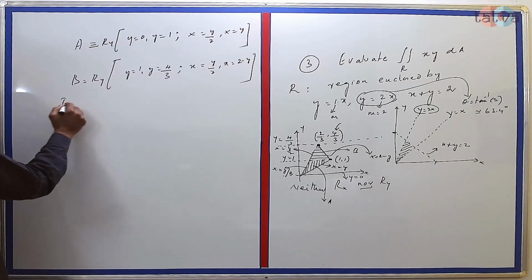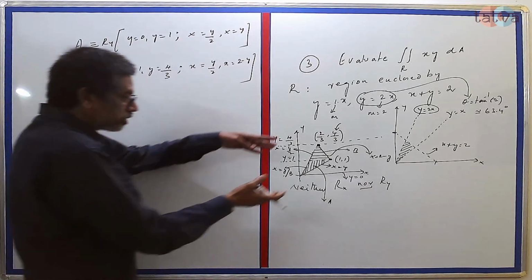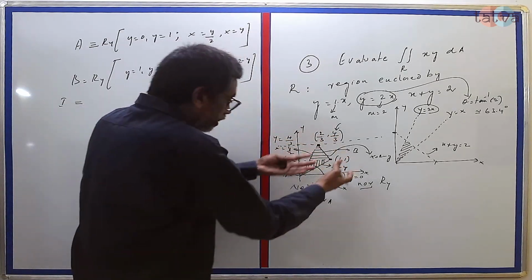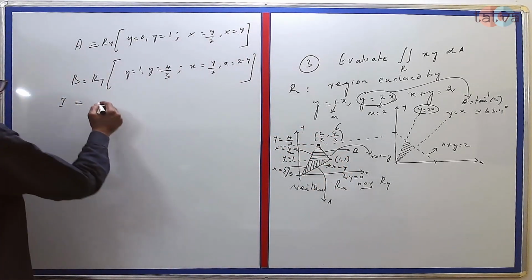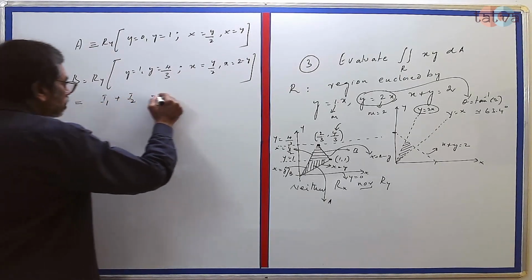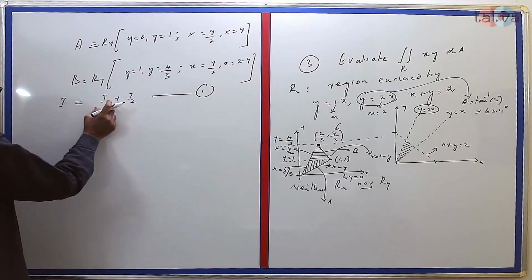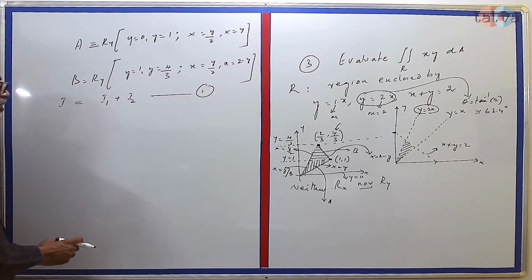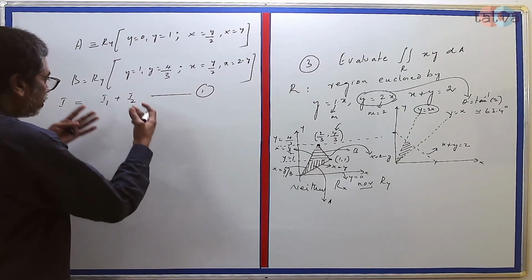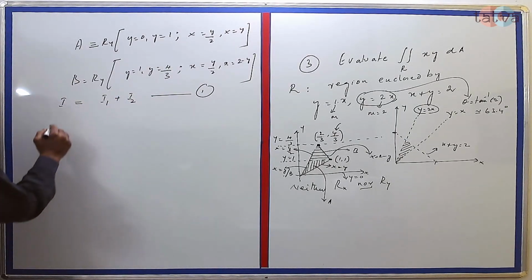So your requirement is to double integrate over the entire region, but we have broken it into two parts. I will call them I1 and I2. I will separately evaluate I1 and I2. Then, after evaluating, I'll put it back into this equation to get the final one.